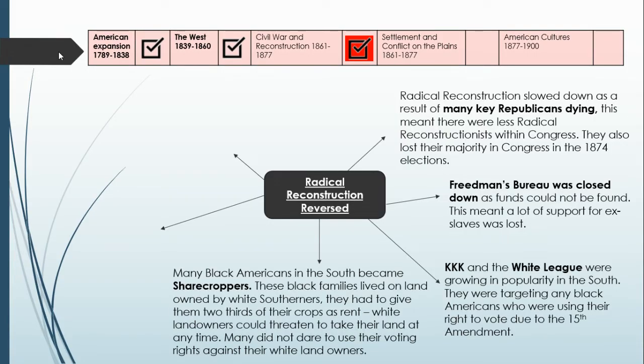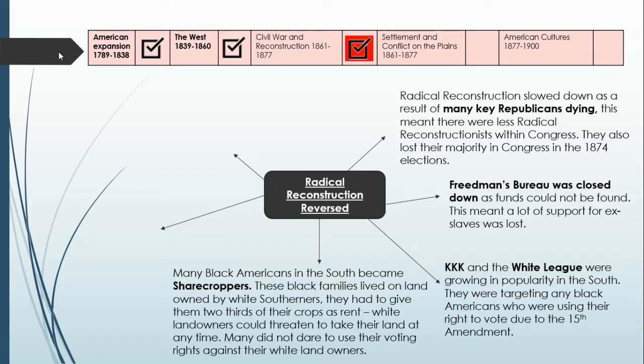Many Black Americans in the South became something called sharecroppers. Now, sharecropping is very, very similar to slavery. This is because Black families lived on land owned by white Southerners. They had to give 2/3 of their crops as rent, and they were really under the control of the white landowners, who could simply evict them from their land at any time.